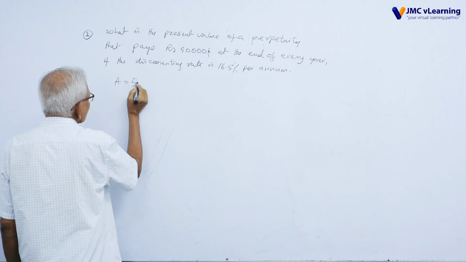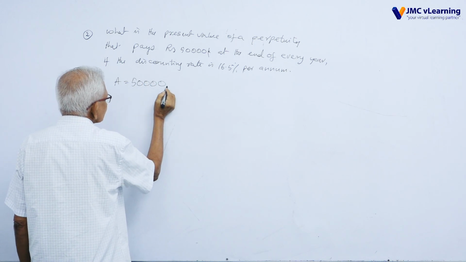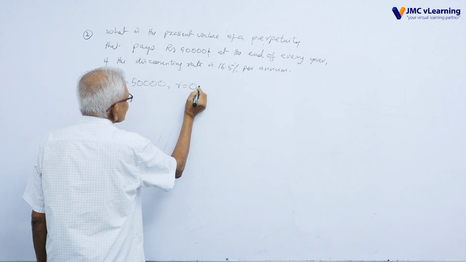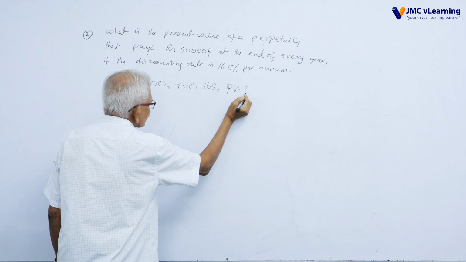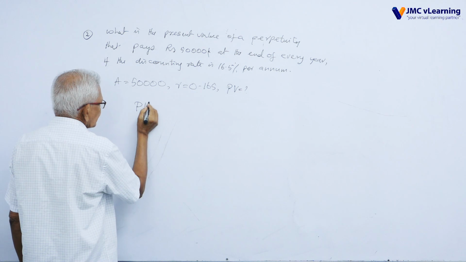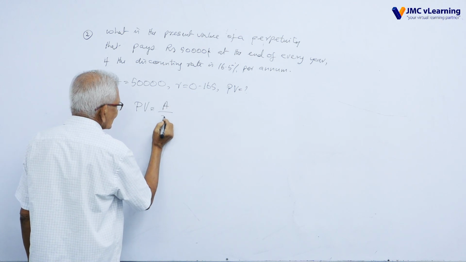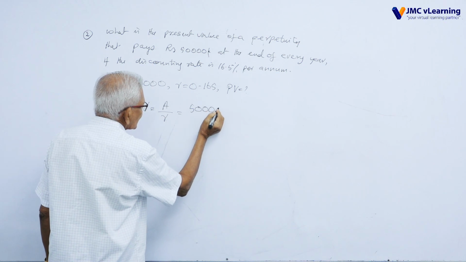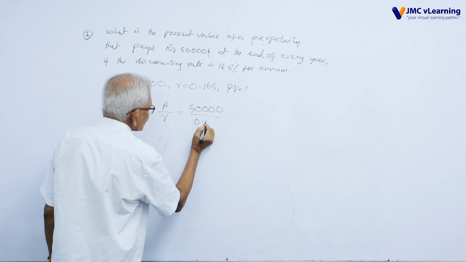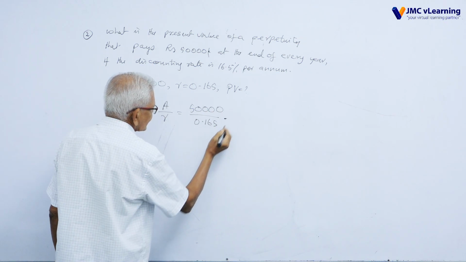A equals 50,000, R equals 0.165, PV equals question mark. PV equals A upon R, 50,000 over 0.165. Find out the answer.